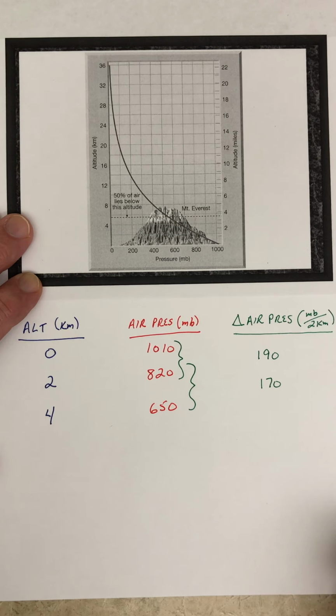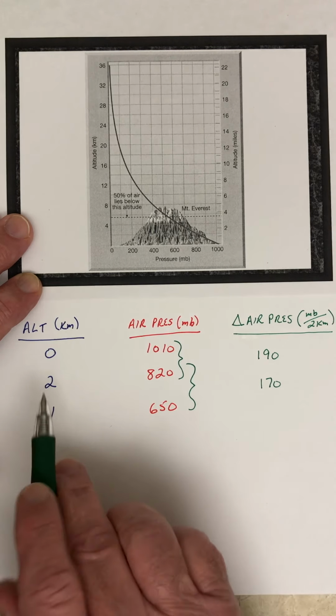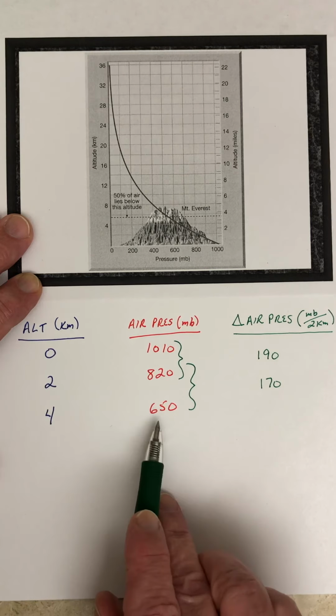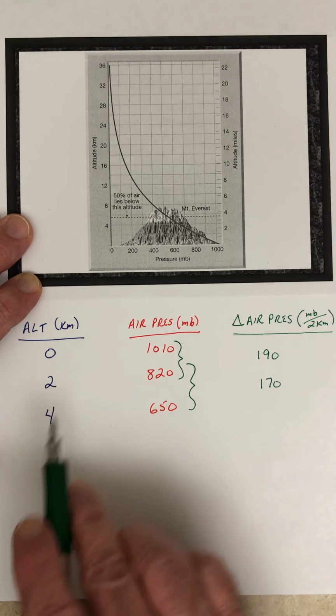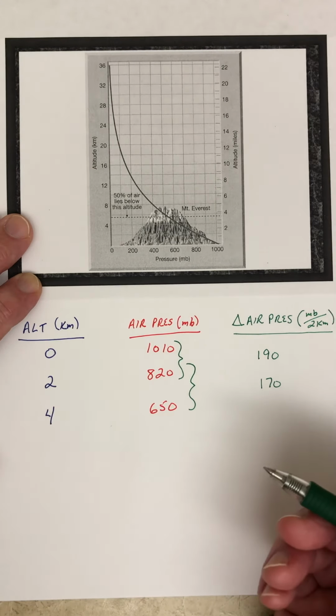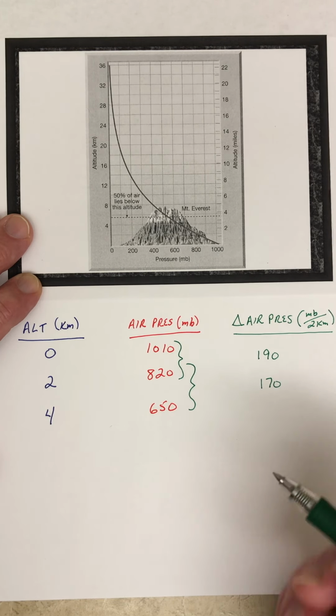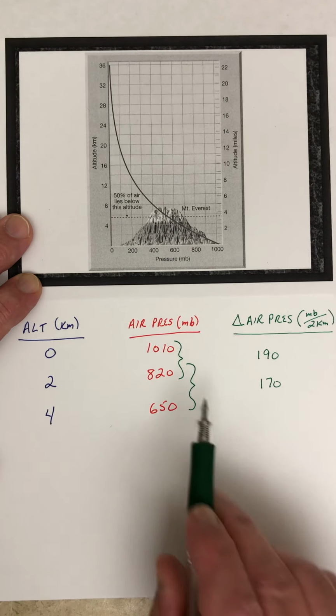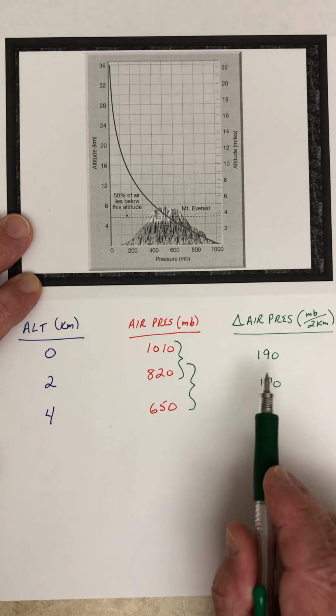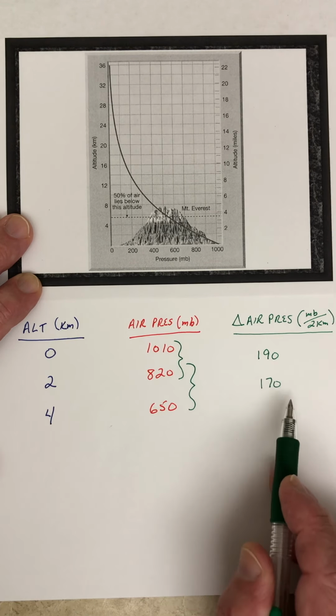So obviously the air pressure decreases as we go up into the atmosphere. If you think back to the definition, air pressure is the force exerted by the weight of all of the air molecules above that given point in the atmosphere. Every time we go up, there are fewer air molecules above us, so the air pressure is going to decrease. Then the second question is, at what rate is that air pressure changing?